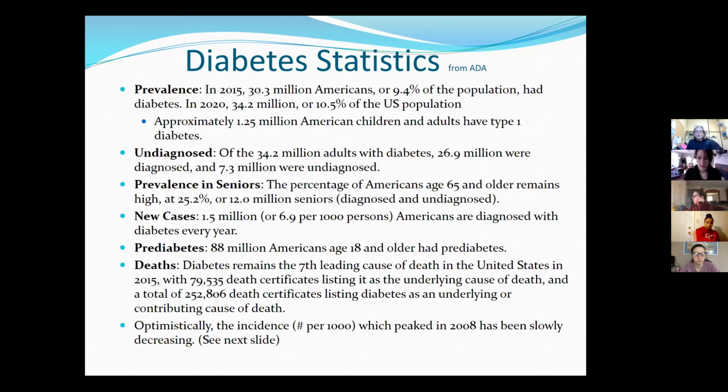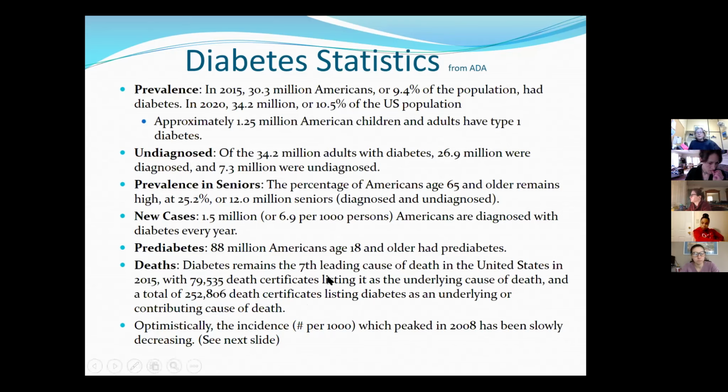And in seniors, the percentage of Americans age 65 and older is at 25.2%. So 1 in 5 seniors has diabetes, because age is in fact a risk factor for developing diabetes. About 1.5 million new cases a year.